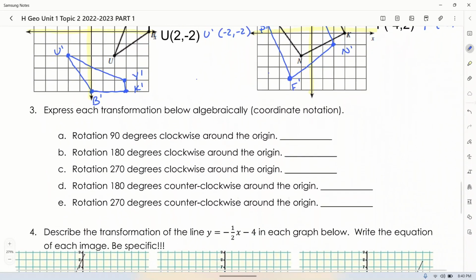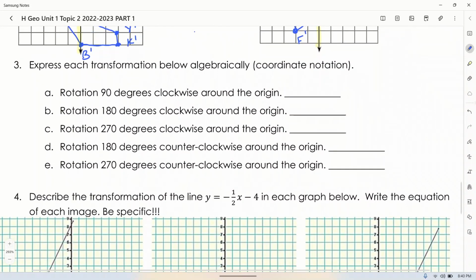So number 3 is actually going to be the most helpful problem for this homework and for the 13B homework. When we rotate something 90 degrees clockwise, that's just like problem 1, our coordinate notation is y comma negative x. If we go 180 degrees, so a little bit further, it's going to be negative x comma negative y.